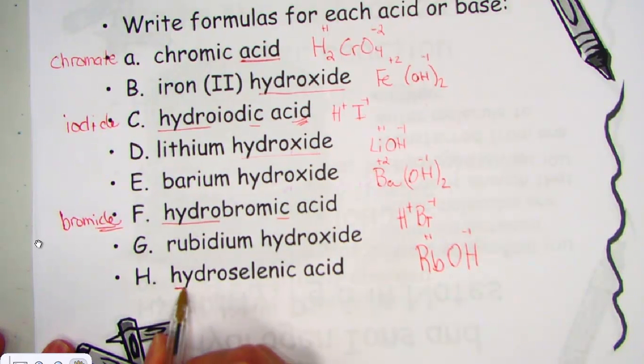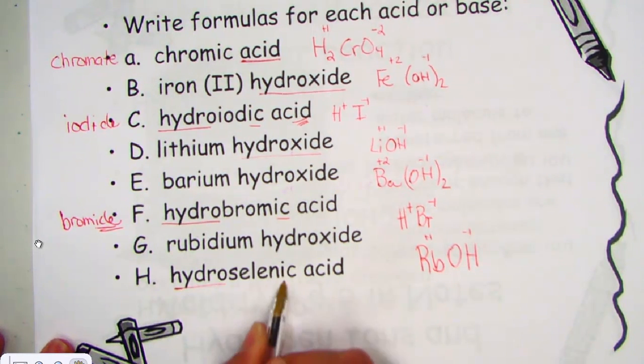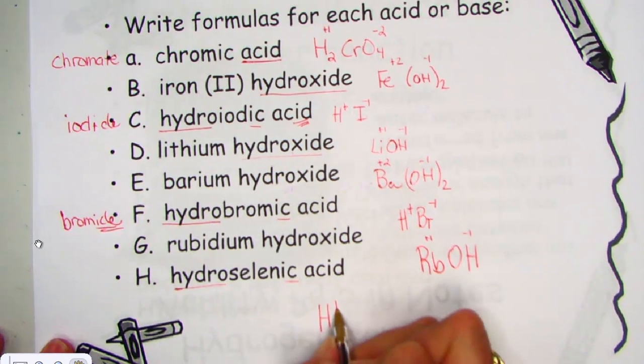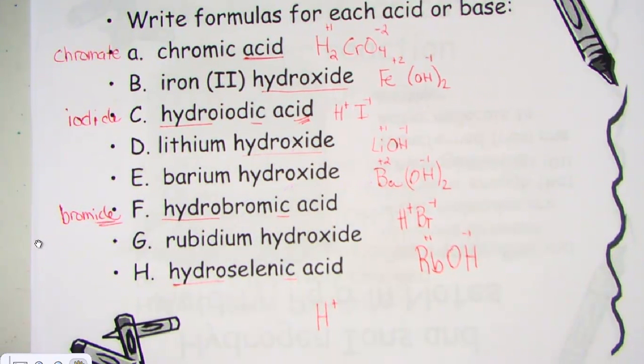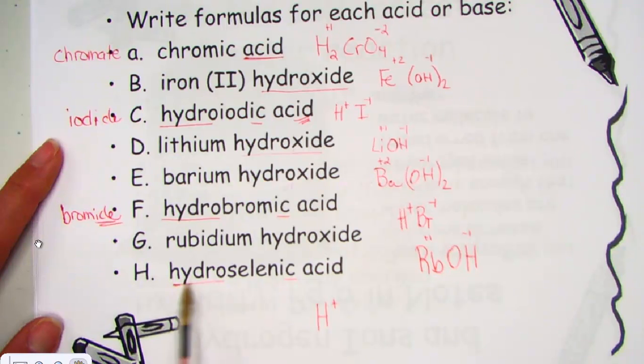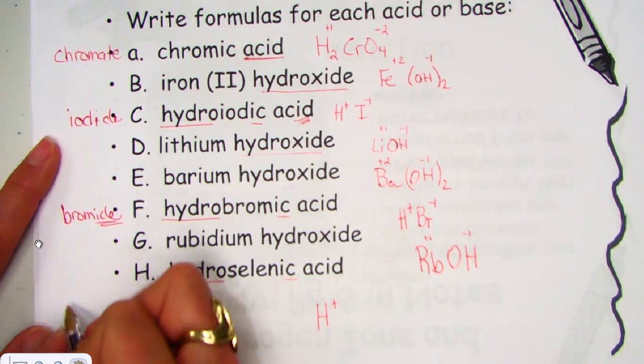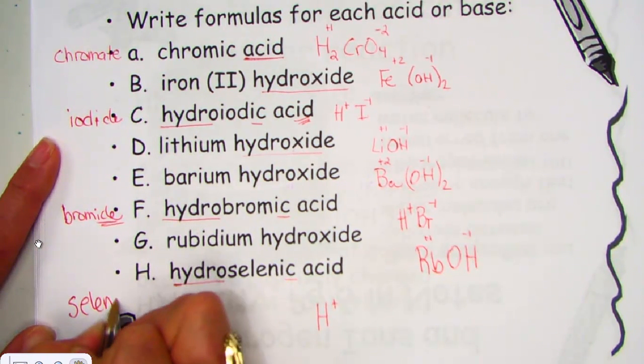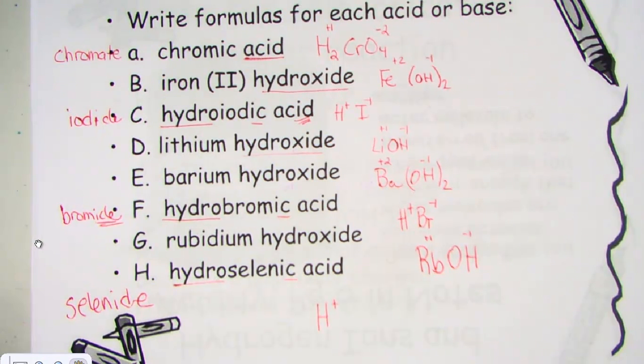And the last one you're checking, hydroselenic acid. Acids start with an H, hydroselenic. Hydro root word ic. We're looking up an element that originally would have been selenide. Hydroselenic came from selenide. Find oxygen's column.